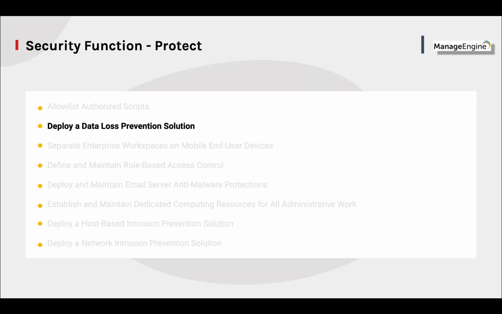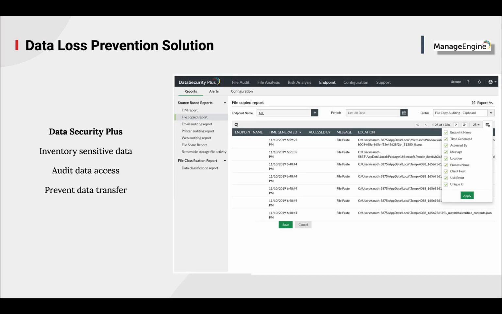Next one, deploy a data loss prevention solution. CIS suggests implementing an automated tool, such as a host-based data loss prevention tool, to identify all sensitive data stored, processed, or transmitted through the enterprise assets, including those located on site or at remote service providers or even the remote workforce, and update the enterprise's sensitive data inventory.